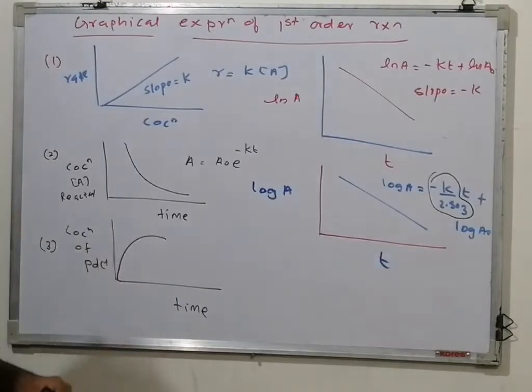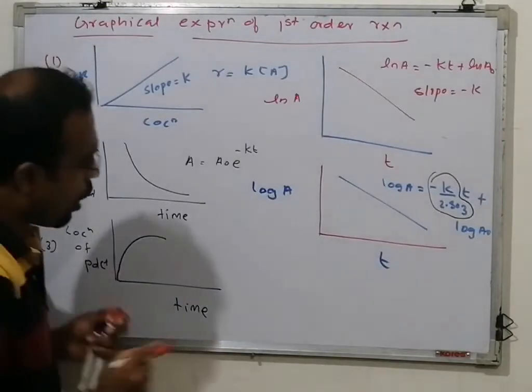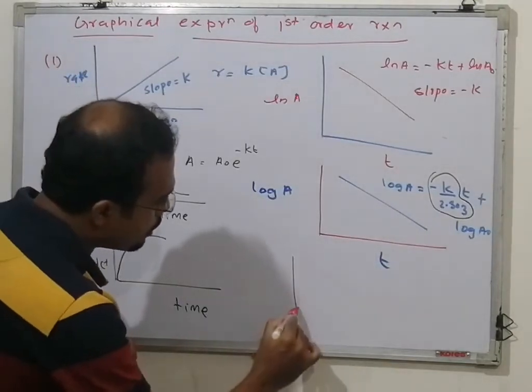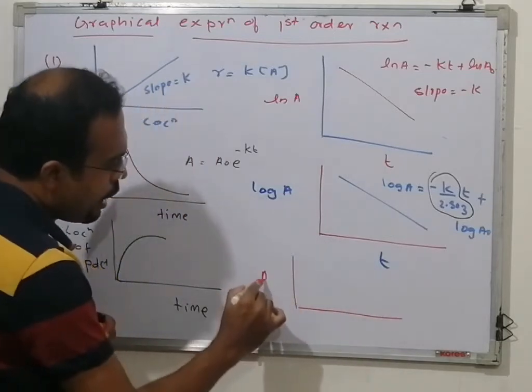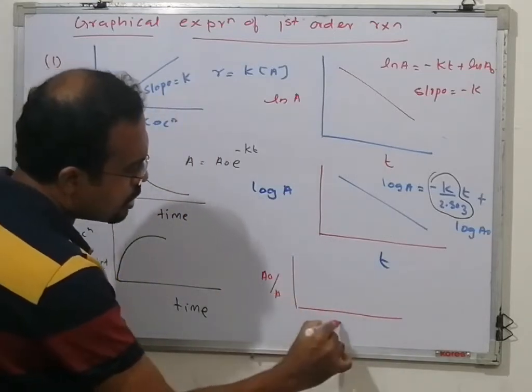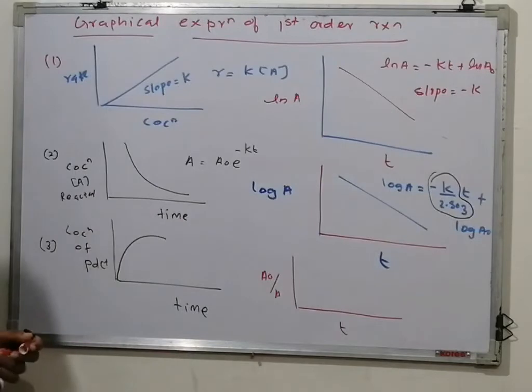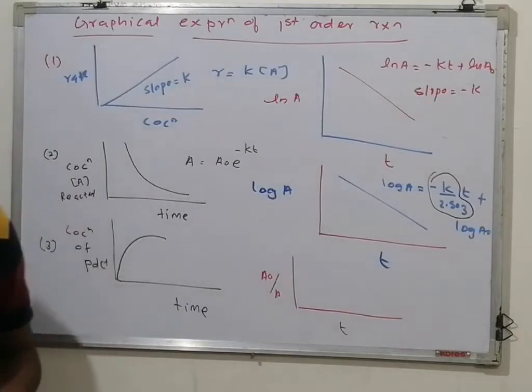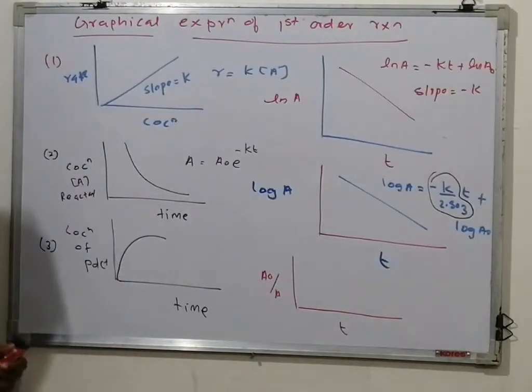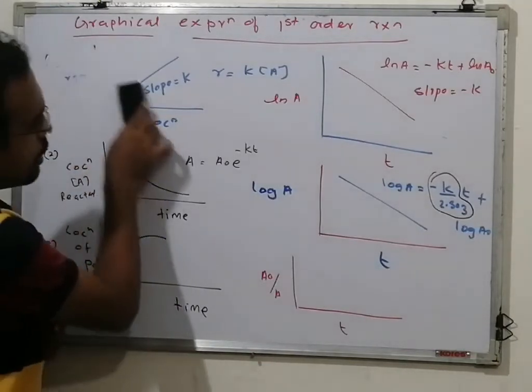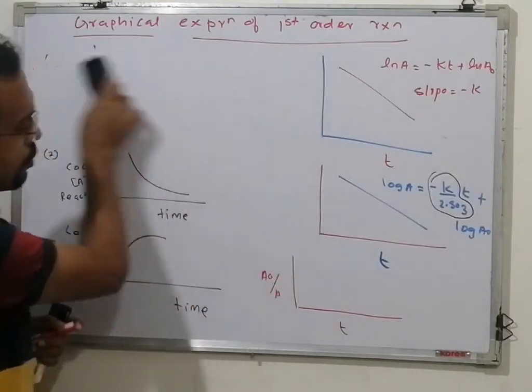Okay. Now suppose you have a graph like this. A0 divided by A versus t. What is that equation?